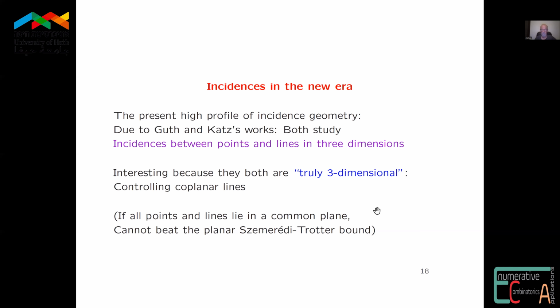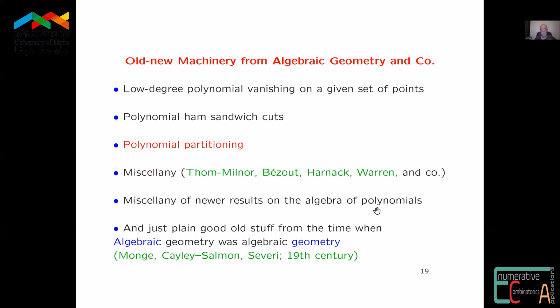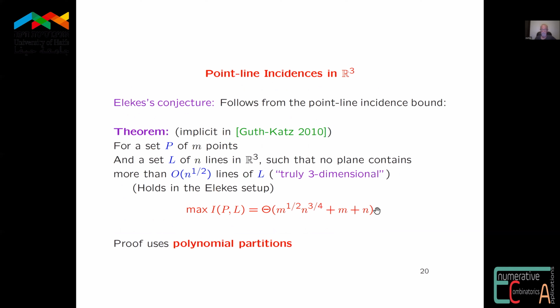But okay. So this is another list of techniques that have been used to tackle this problem, but let me skip it and just point at the 3rd bullet in red, the polynomial partitioning, which is the main topic of the talk after all. But first, let me just say what is the point-line incidence bound that Guth and Katz have proven. Actually, they didn't quite prove it, but what they proved was equivalent to this.